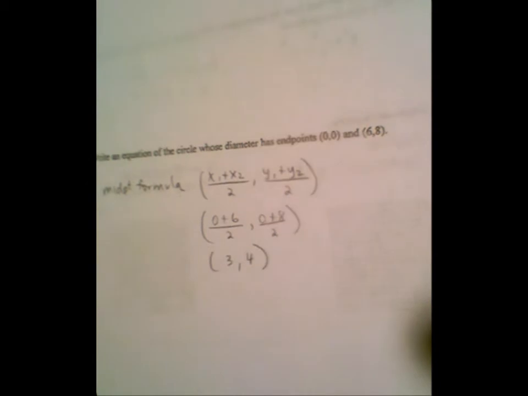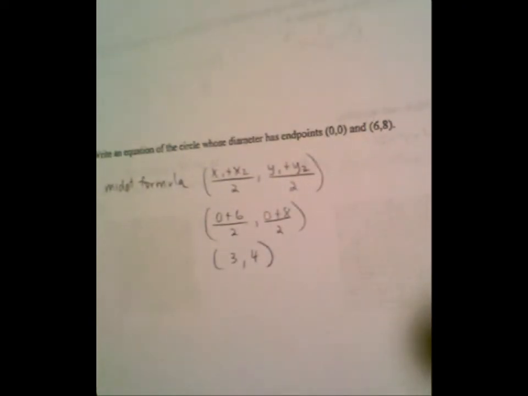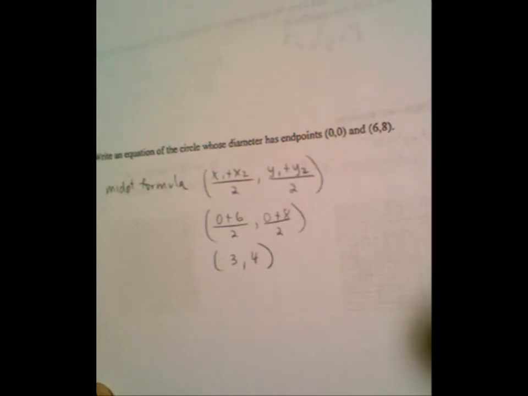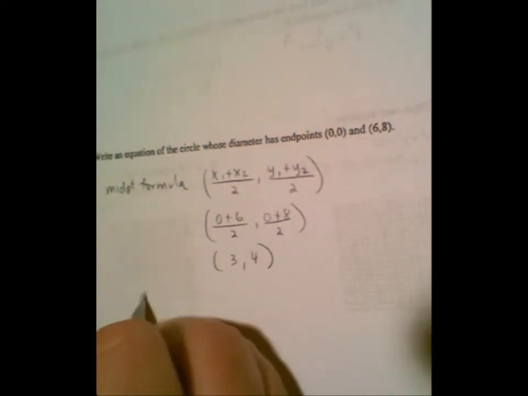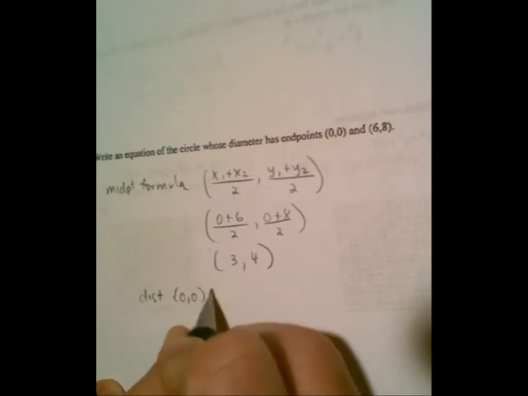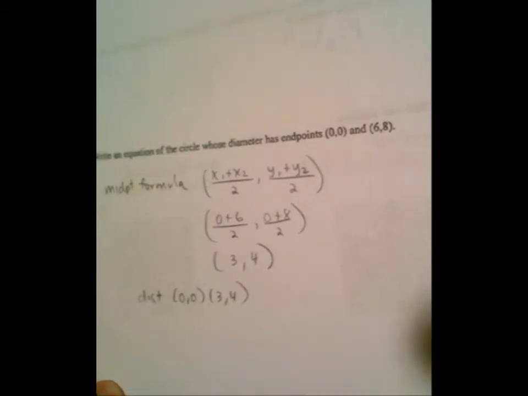Now I want to get the equation, so I want to get the radius. I have a choice. I'm going to just use the center and one of the points, but someone else could have used the distance of the two endpoints, the diameter, and then just divided it by 2. They're both correct. I'm going to do the distance between (0, 0) and (3, 4).